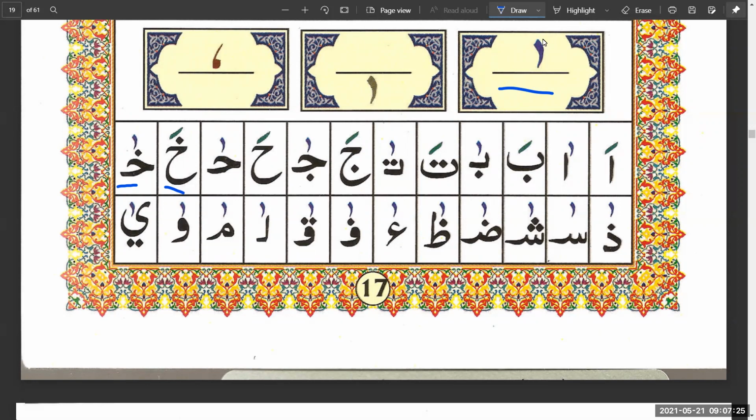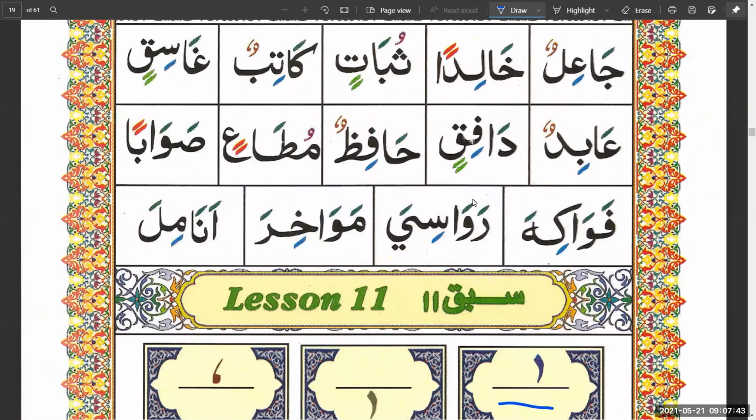This fatha has stood up, it's vertical, and the sound that it's going to make is the same sound that we would make if an alif was placed after a letter. So we would stretch out that sound for 1 second. Just like in the last lesson where we learned what happened if we added that alif, it stretched it out.